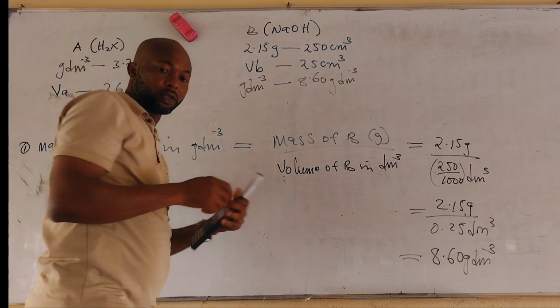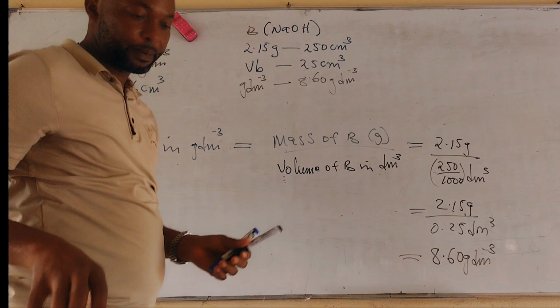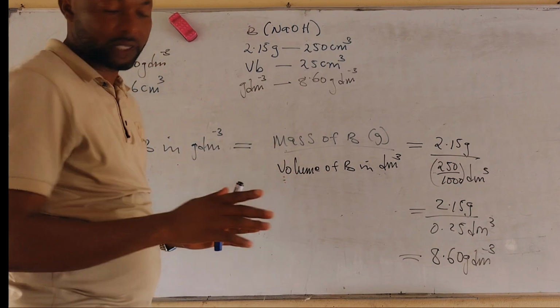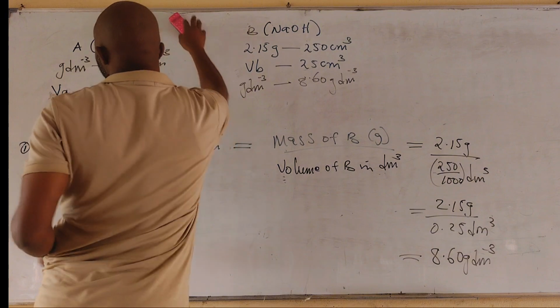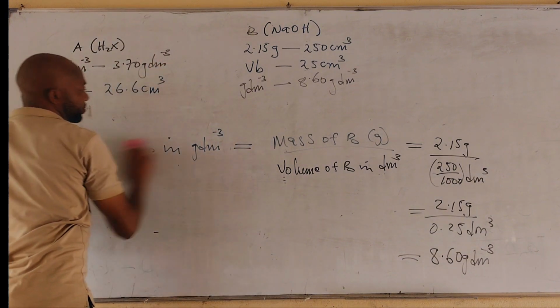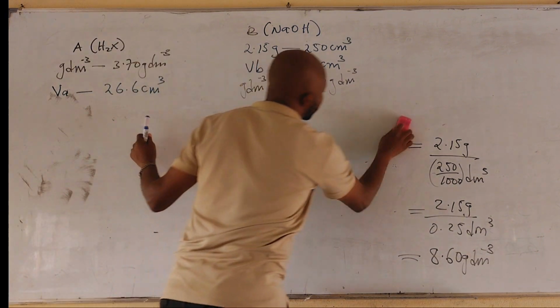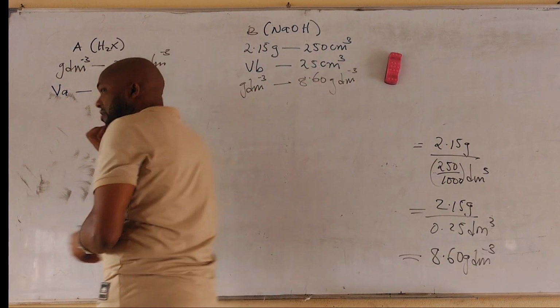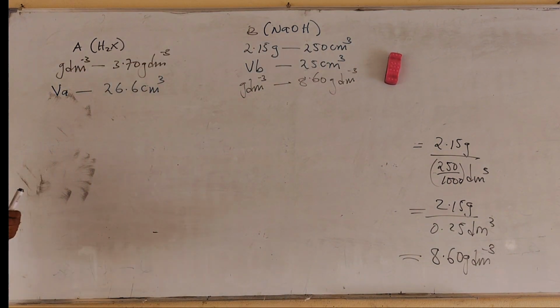So we've gotten the first thing there. Now, they didn't ask us, but that is what we should do first. So we have done that. Now, let's go to the main question of the day. The main question says that we should calculate the molar concentration of the base.